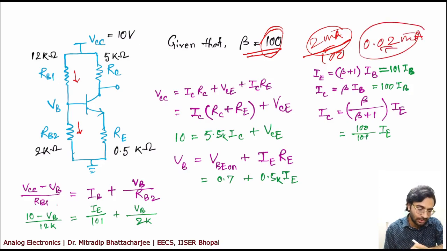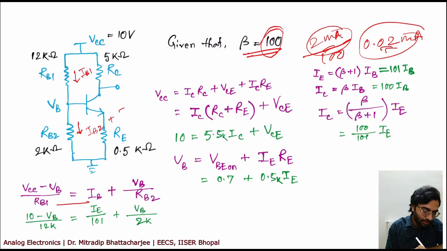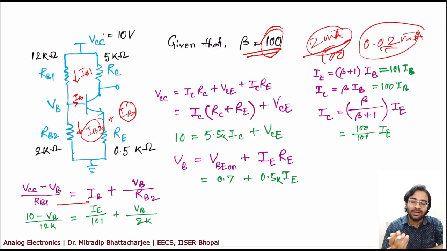So in that case, you know, this equation where IB1 is equal to IB2 plus IB, if IB is very less, you can consider IB1 is equal to IB2. In this case, your life becomes much simpler, because you just put normal voltage divider.